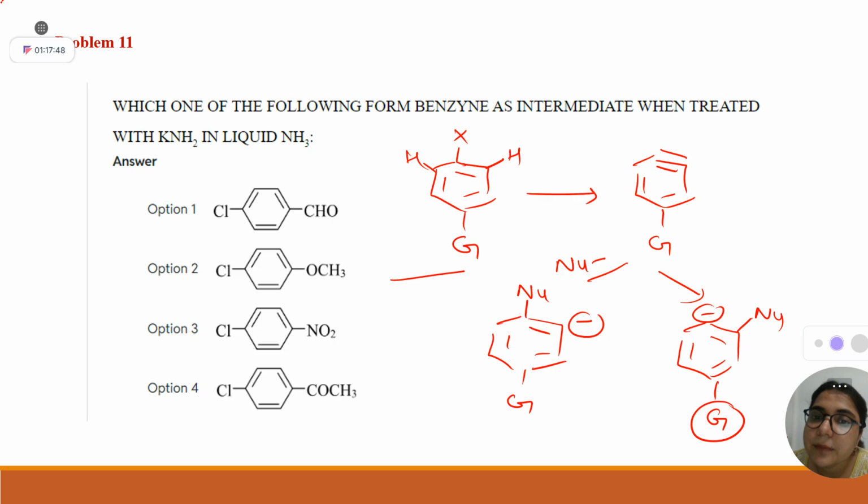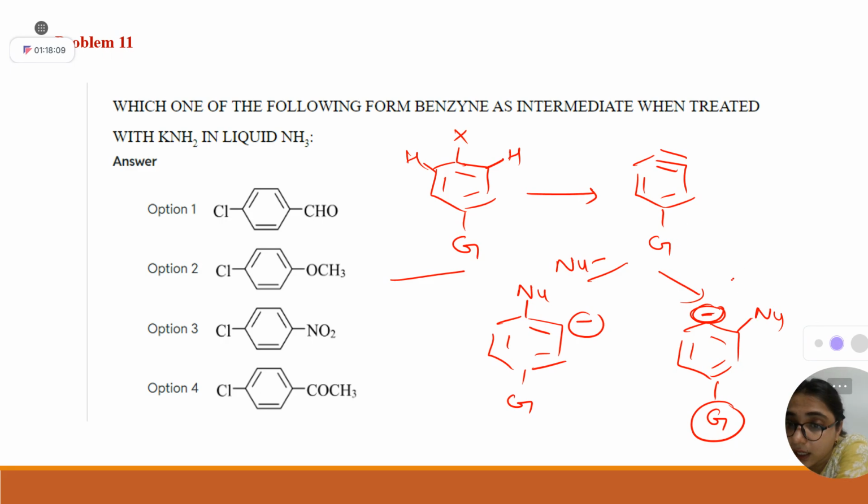You should remember one thing in your benzyne intermediate, students: this negative charge is not in the plane of the ring. See, your benzene ring is planar, right? This negative charge is not in the plane of the ring.